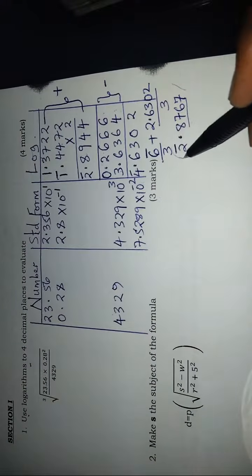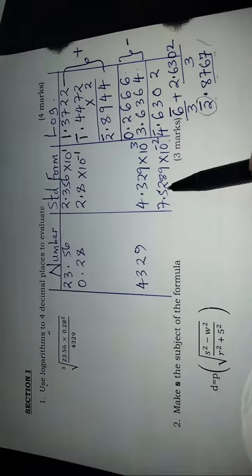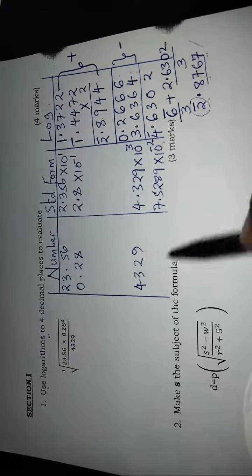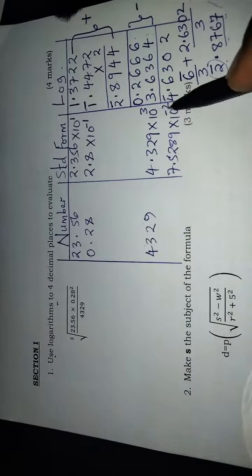Then we have this power. Whatever is the characteristic in the logarithm side, for the standard form, it's the power. Then now we obtain the antilog because this is the log. 0.8767 is the log. Now we get the antilog and it takes us to this number. Therefore, when we get to the number itself, we will have to divide this by 100 because this is negative.